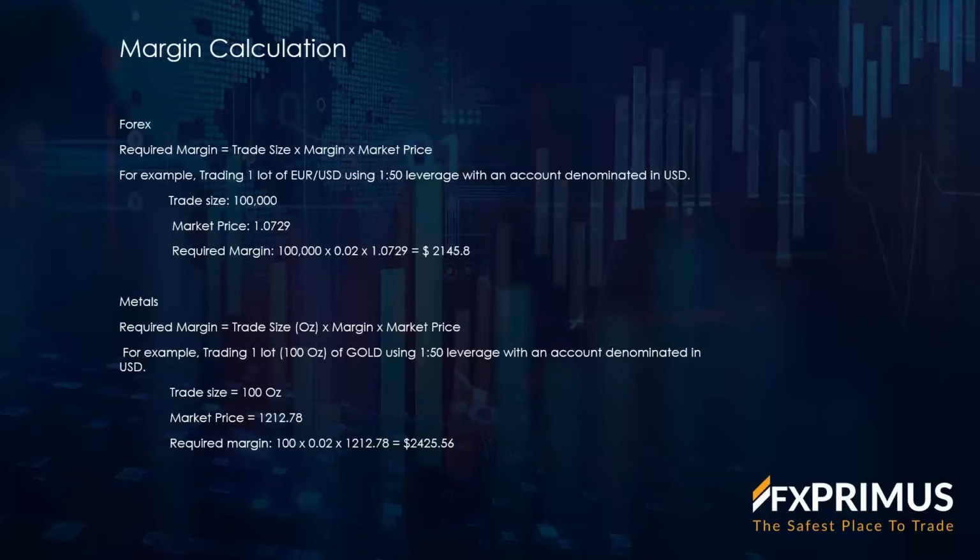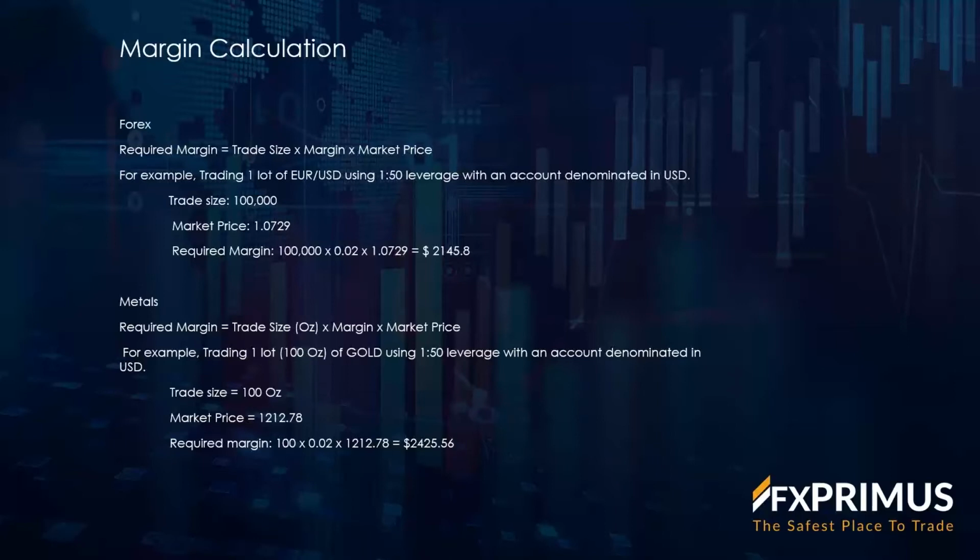We multiply this by the trade size, where we have taken one standard lot here, and the market price given for Euro USD, which we have stated to be 1.072. So our required margin for Euro USD one standard lot would be $2,145.8 US when the leverage is 50. This is how we calculate the margin for FX pairs.